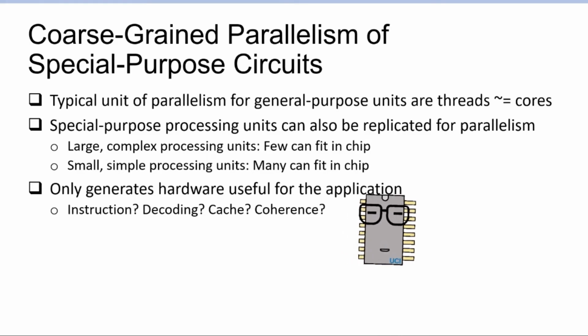If we don't need caches, we don't have to have caches. If we know the communication pattern between these multiple pipelines beforehand, or if we know that there is no communication between them, we can either have very efficient implementations of coherence between these cores, or we can afford to not have coherence at all.